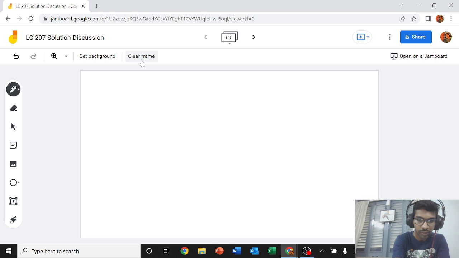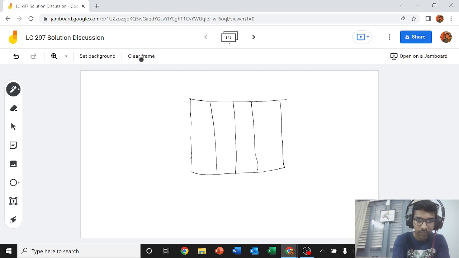We have a grid. It has m rows, n columns.